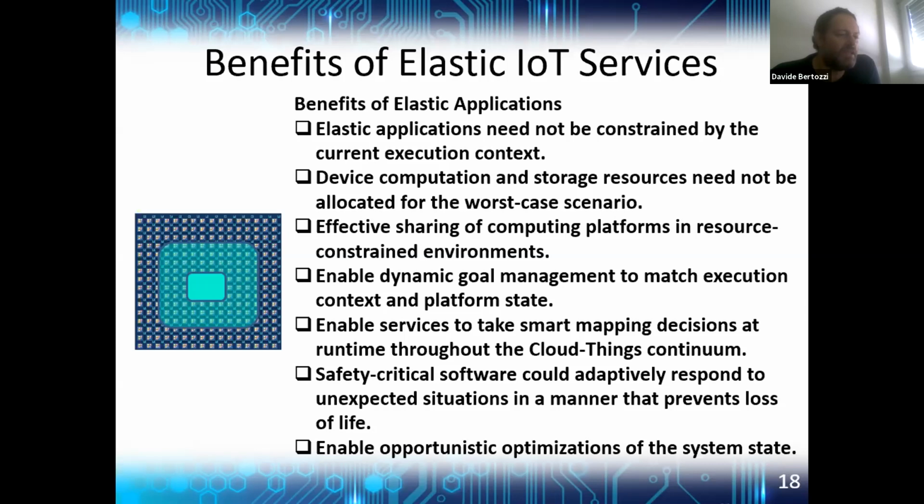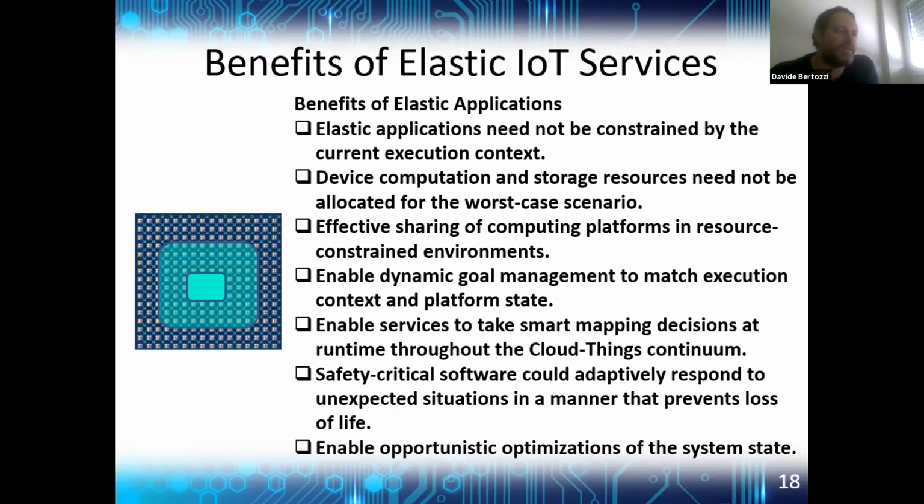Moreover, adaptivity and elasticity are key for safety critical software that could adaptively respond to unexpected situations in a manner that prevents loss of life. For instance, you can give instantaneously all the resources that this kind of safety critical applications require upon detection of a critical situation.